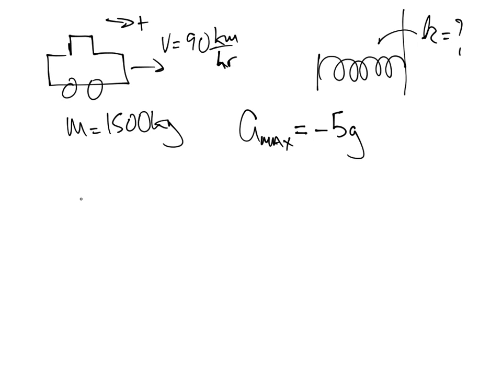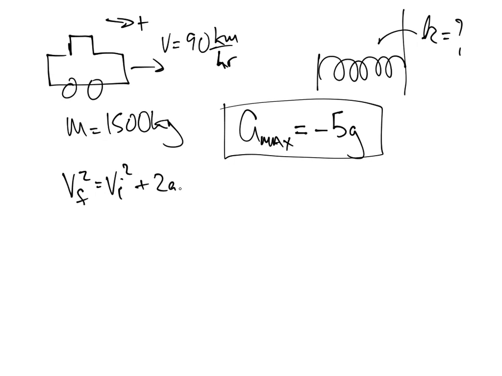Now, this is a tricky problem because of this. The reason it's tricky is that you might assume that you can use a kinematics equation like this one, but you cannot.